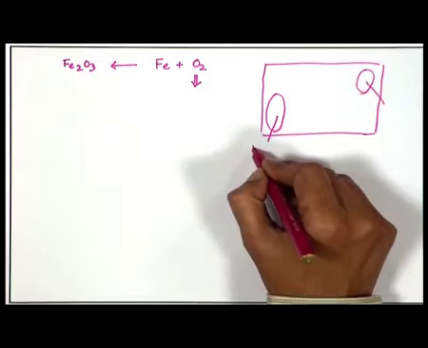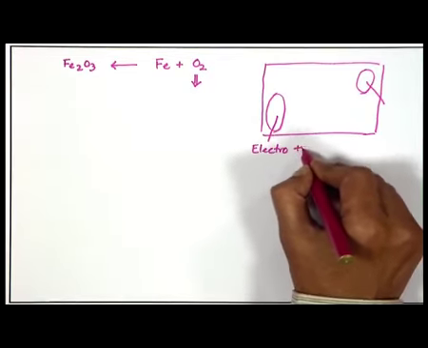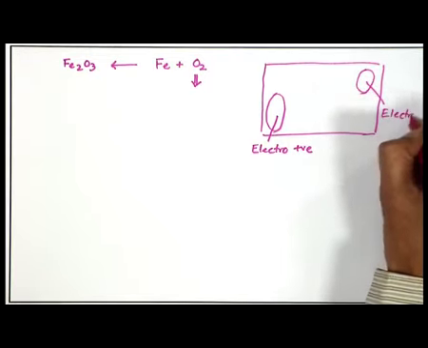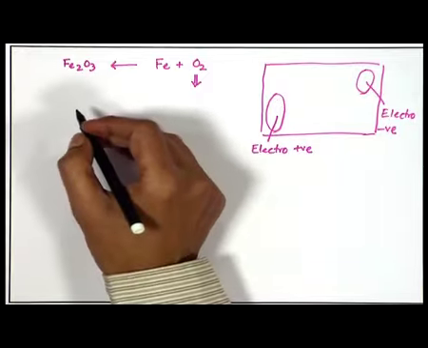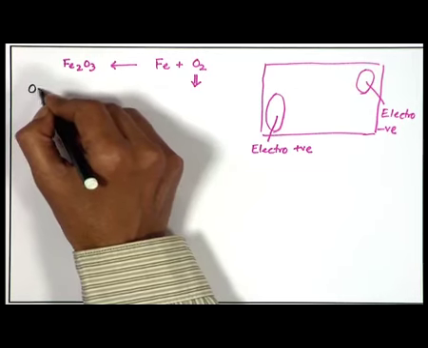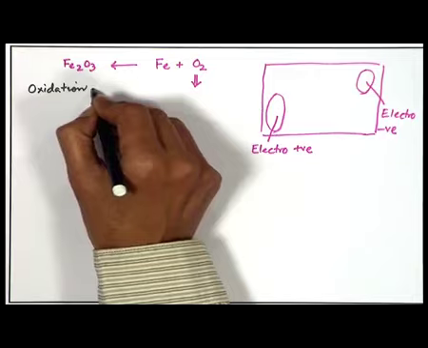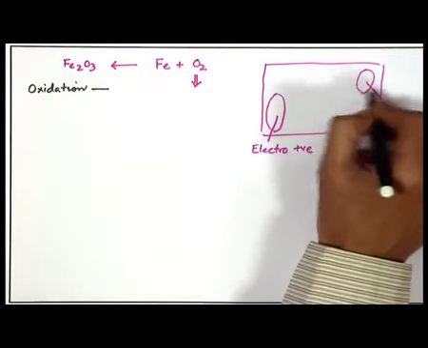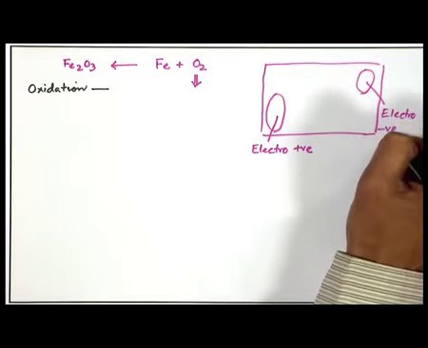These are the electropositive elements, and these are the electronegative elements. So, with these reactions, we can consider what oxidation is. O2 will be somewhere here, oxygen is here, and it is an electronegative element.